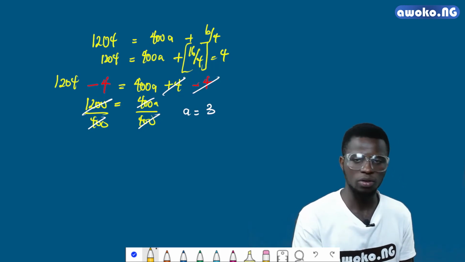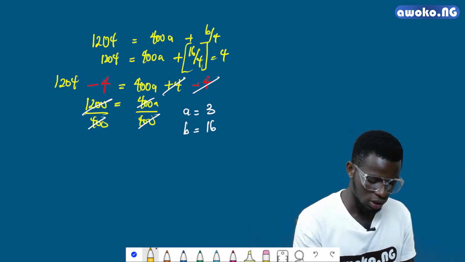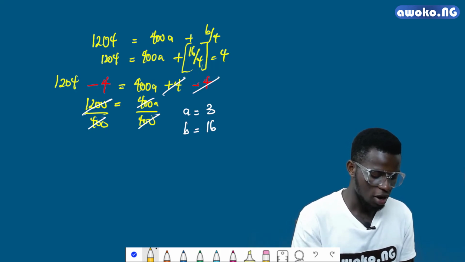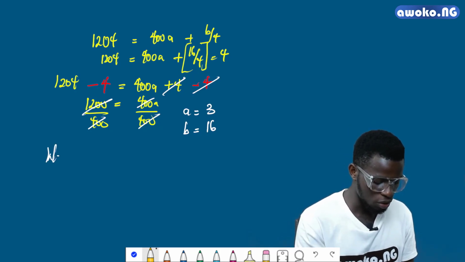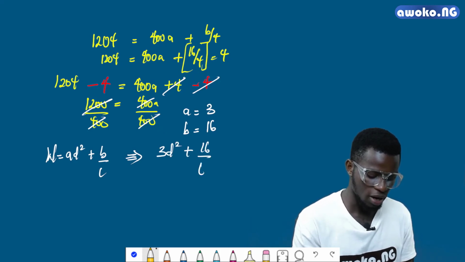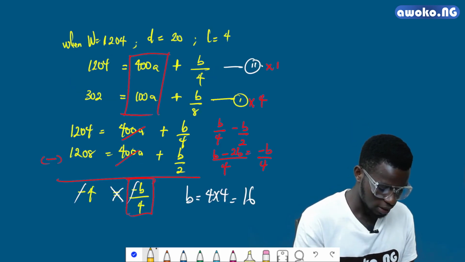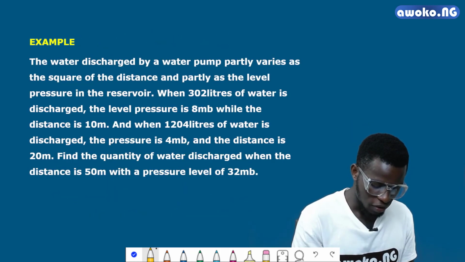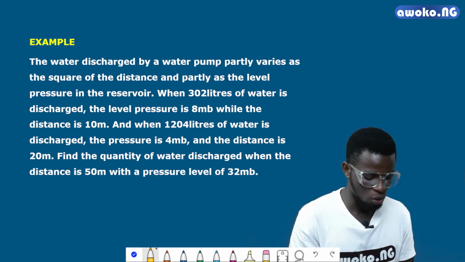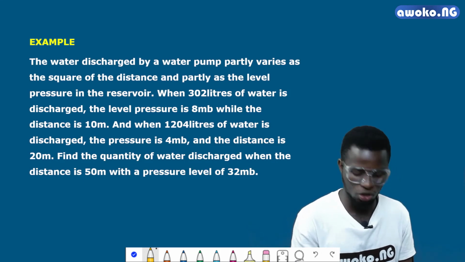So since we have A equals 3 and B is equal to 16, we can substitute these values into our initial equation. All right? We remember W equals AD squared plus B over L. So W would be equal to 3D squared plus 16 over L. But we were told we should find the quantity of water discharged when the distance is 50 and when the pressure level is 32.